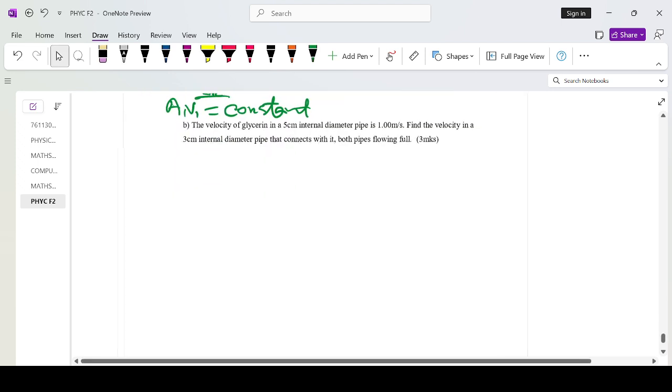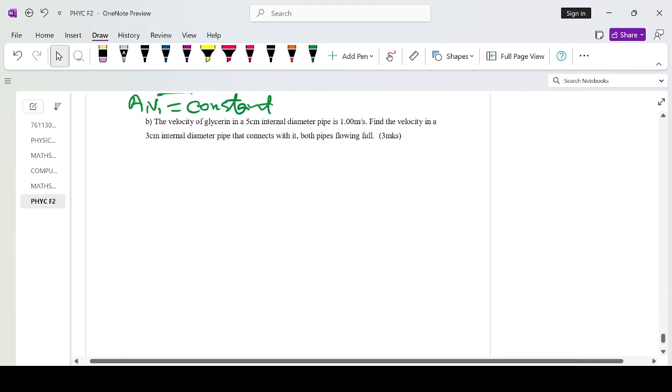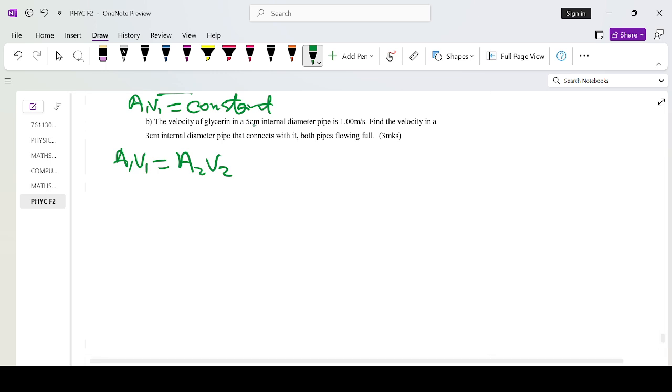Still it's correct. The velocity of glycerin is this. Find the velocity in this if it connects to this. So you know that A1 V1 is equal to A2 V2. The velocity of glycerin in a 5 centimeter pipe is this.